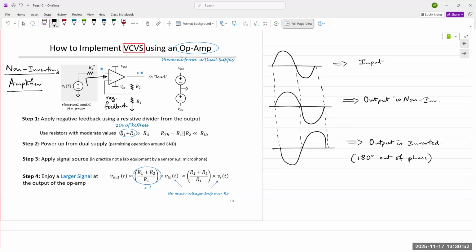It's a voltage divider network, R1 and R2, right? Vout, R2, and R1. And so a portion of that output is fed back into the input from the middle terminal.